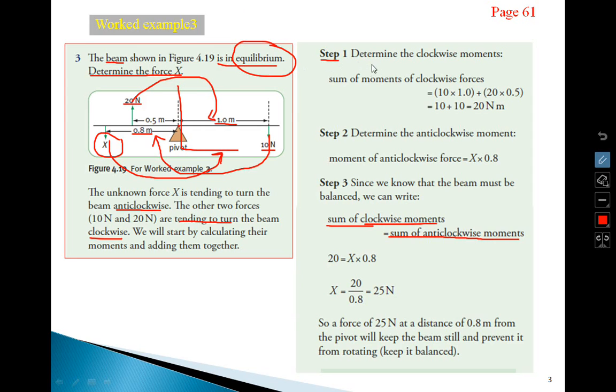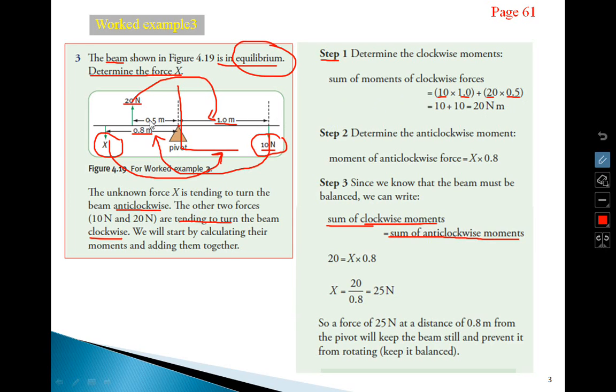So step 1, we will determine the clockwise moments. The summation of clockwise moments is equal to 10 Newton force times 1 meter distance, plus the other one, 20 Newton times the distance from the center, times 0.5.